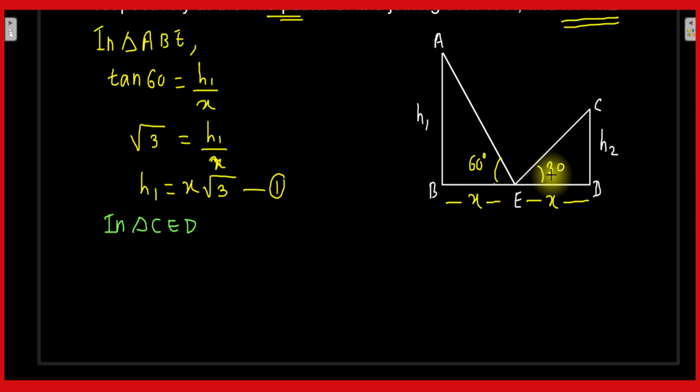tan 30, that is equal to opposite upon adjacent, that is h2 upon x. So tan 30 is equal to h2 upon x, but the value of tan 30 is 1 upon root 3, so 1 upon root 3 is equal to h2 upon x.